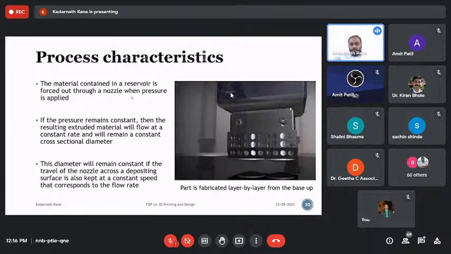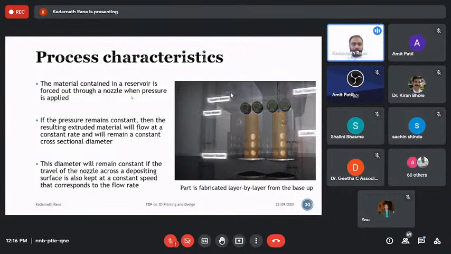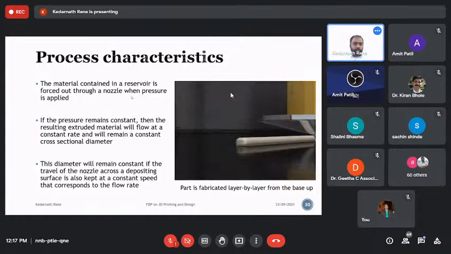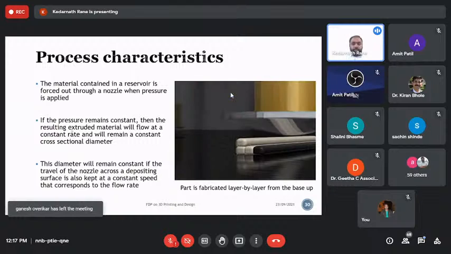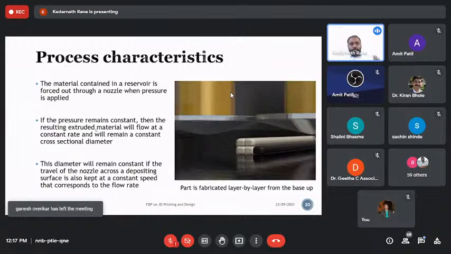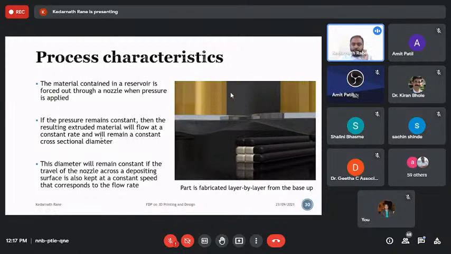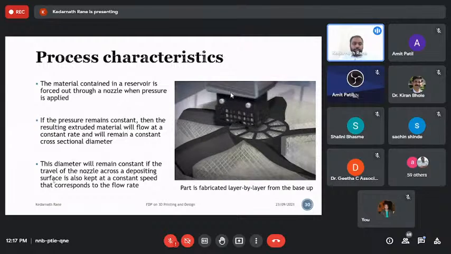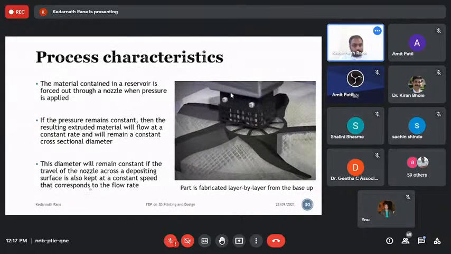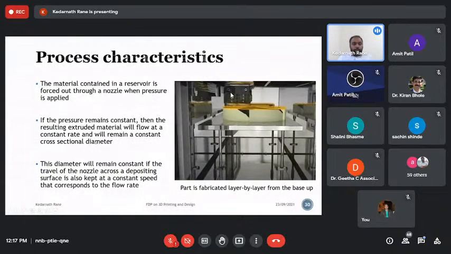You can feed the material continuously, and you can make a bigger part. Then another characteristic required is the pressure, because you need to extrude the material. Again, I can say how I developed a system called online rheology to measure the extrusion pressure on a real-time basis. So this is another characteristic of the process.